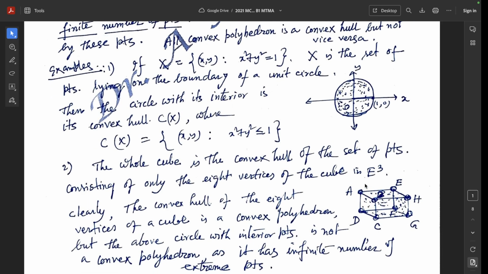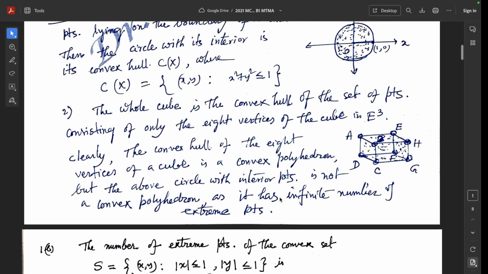Now consider this is a cube. The whole cube is the convex hull of the set of points consisting of only the 8 vertices of the cube in E3. So they are A, B, C, D, E, F, G, H, the 8 vertices of the cube in E3.